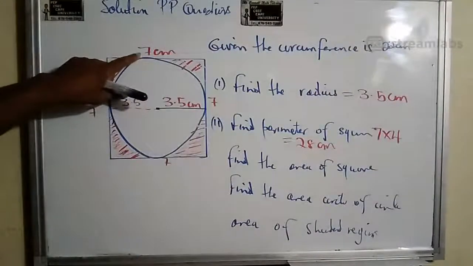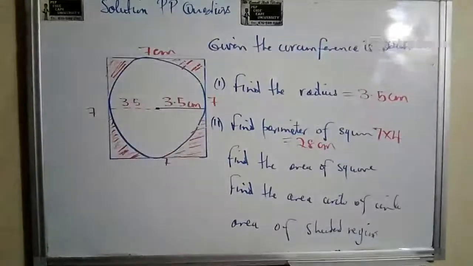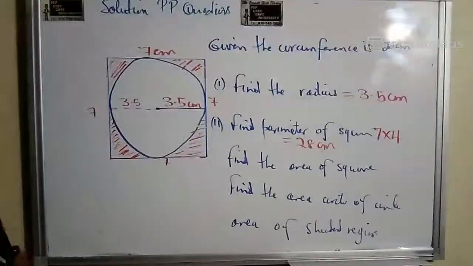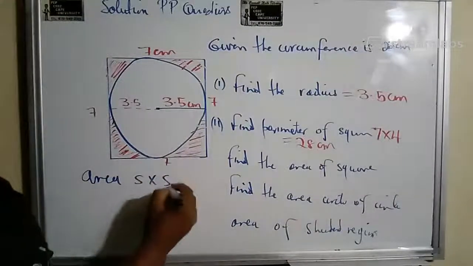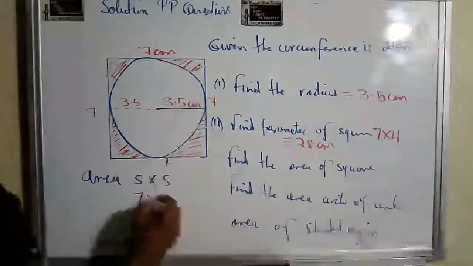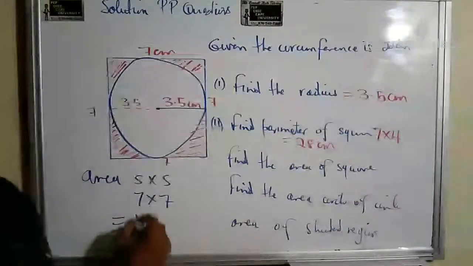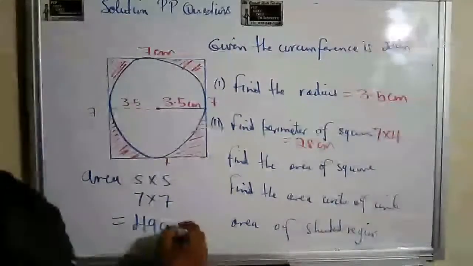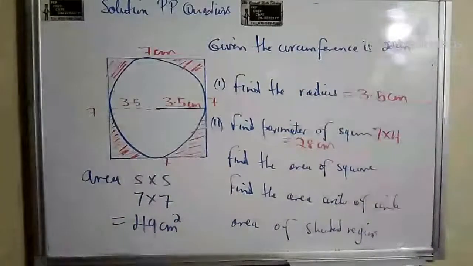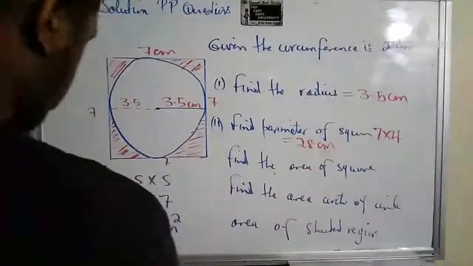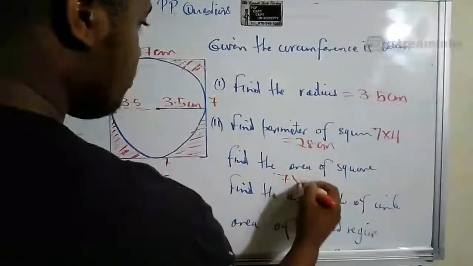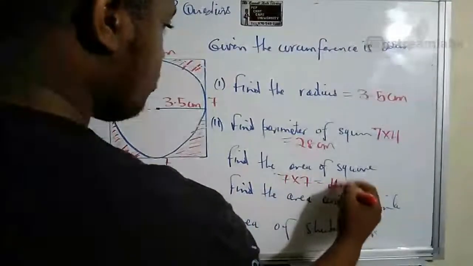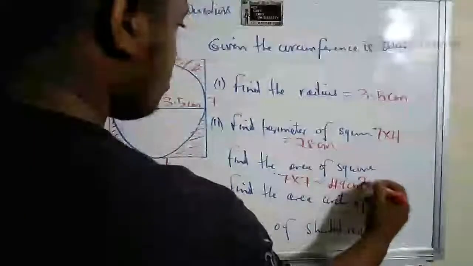So now if this is 7 by 7, area of a square is side times side, so that's 7 times 7, which is equal to 49 centimeters squared. Remember guys, remember the unit.